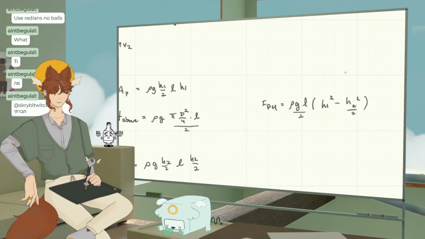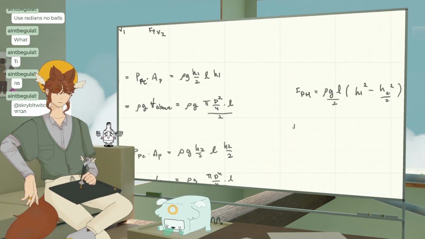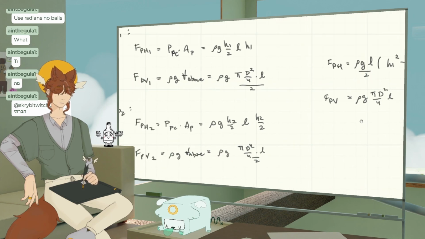And then we can say that H2 is half of H1, and then it simplifies, but I don't really want to do that because it doesn't really matter. So it'll be rho G pi d squared over 4 L. What? Wait, not over 2, over 4.